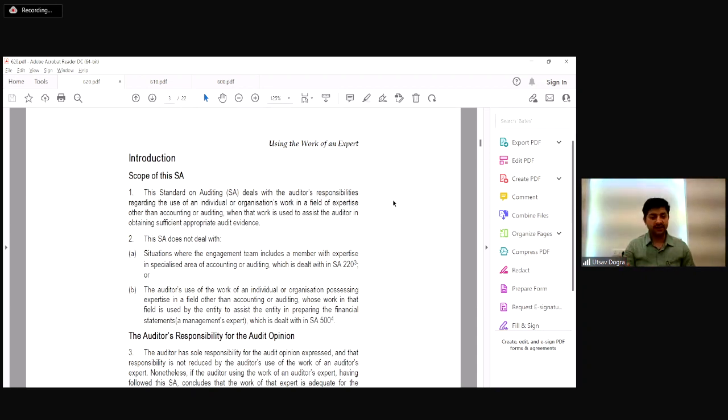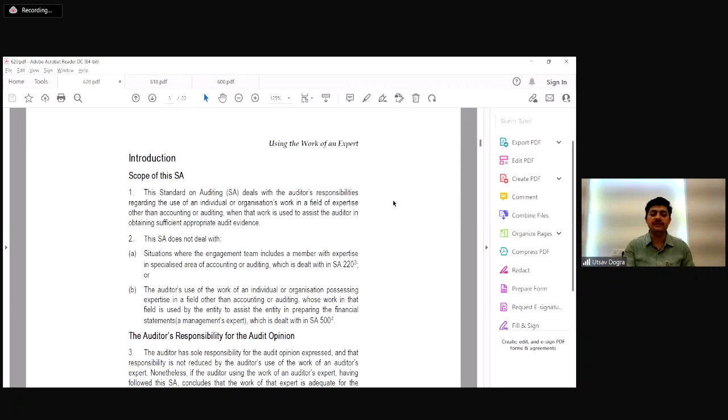So expert is defined here in two parts. One is when the expert, who has an expertise in an area other than auditing and accounting, has not been engaged by the auditor and has been engaged by the management itself, he would be termed as the management expert.